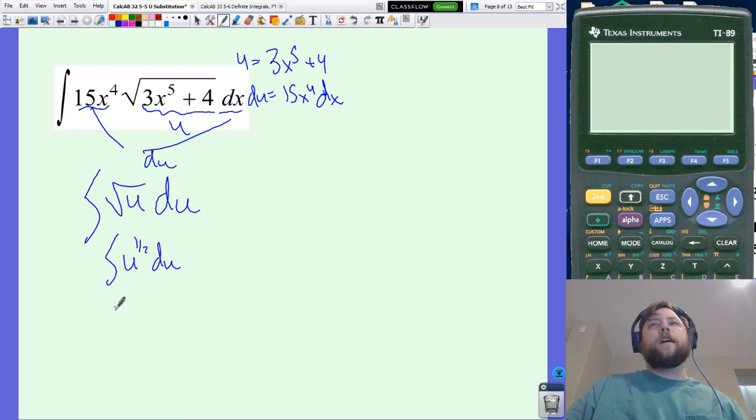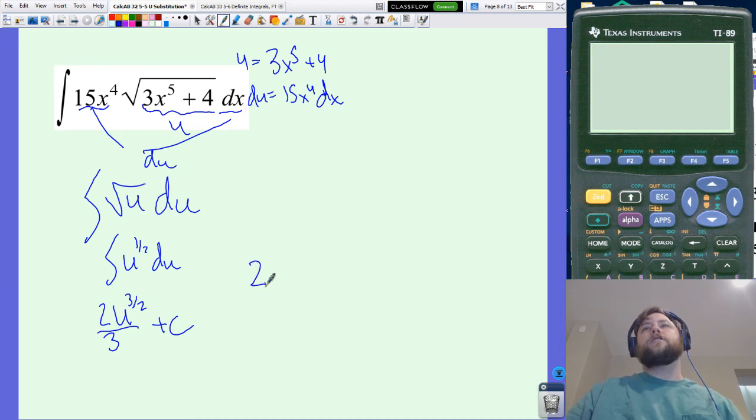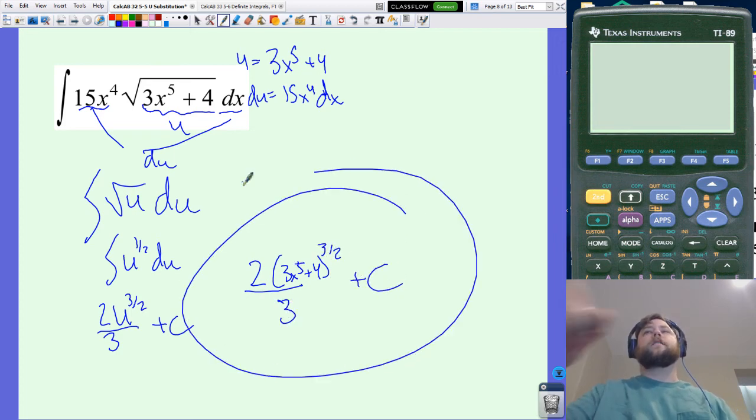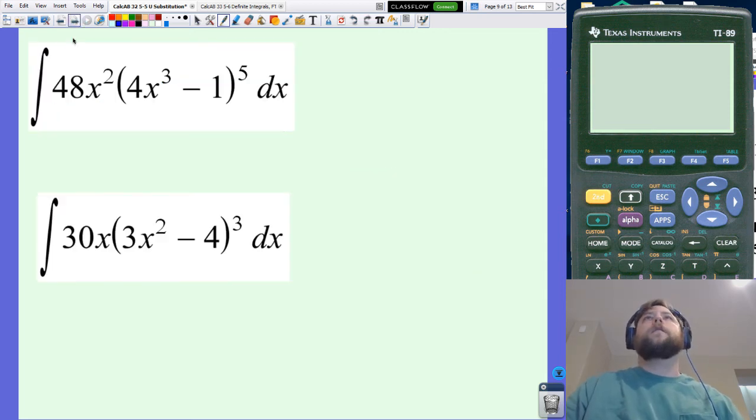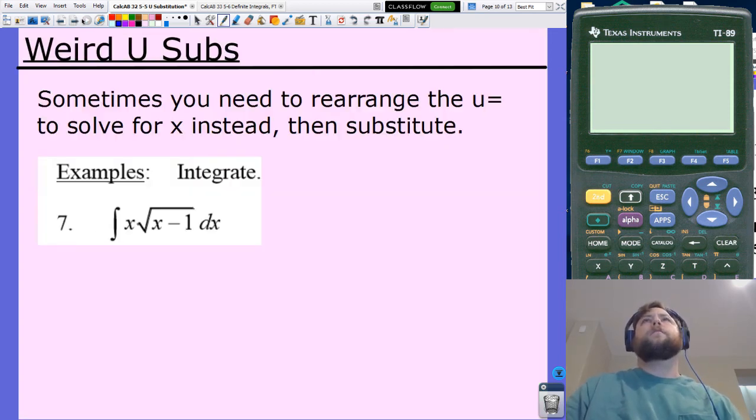If you anti-derive that, u to the 3/2 power times 2/3 plus c. So my final answer is (3x to the 5th plus 4) to the 3/2 power times 2/3 plus c. There you go.